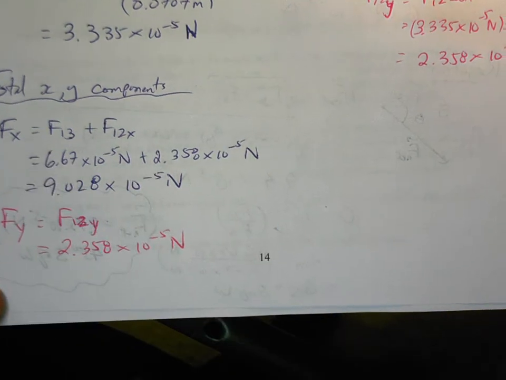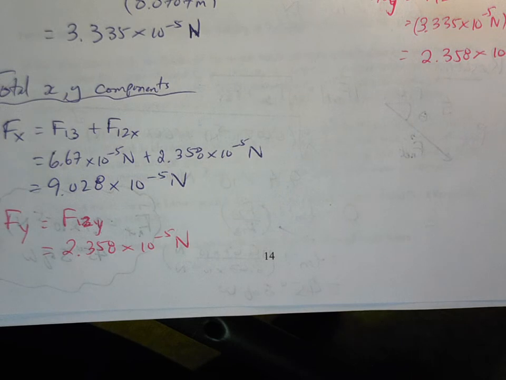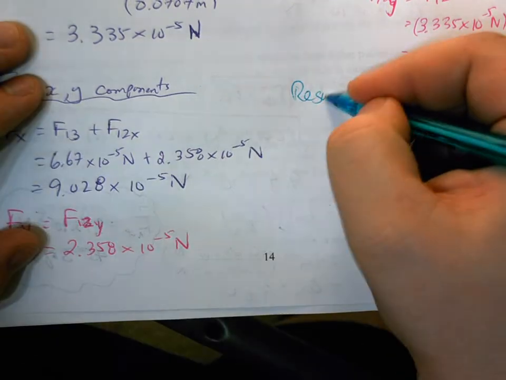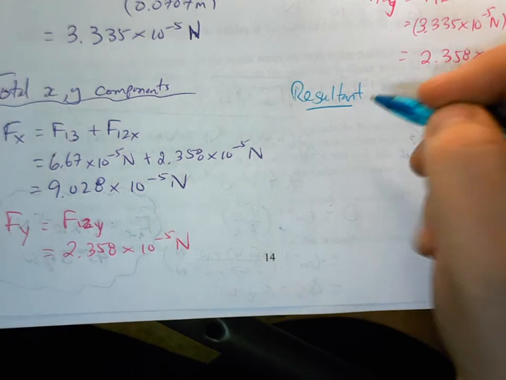At this point, we've done the hardest parts. We have our total X component of the force. We have our total Y component of the force. So now we're going to determine our resultant. So to find our resultant, we have our two components here.